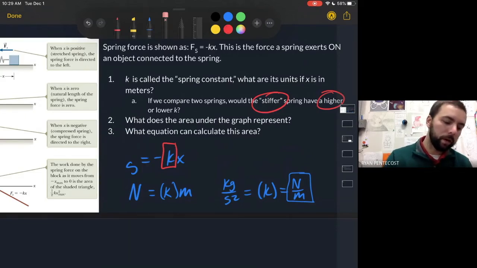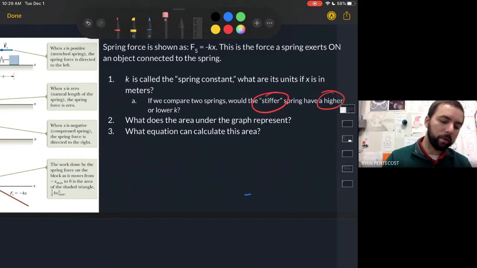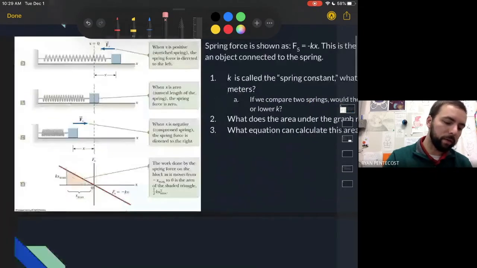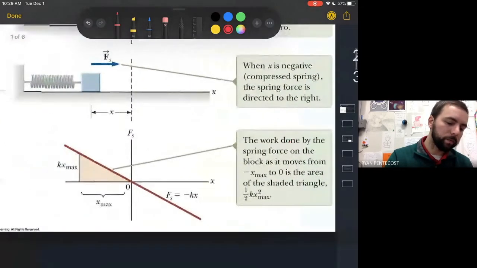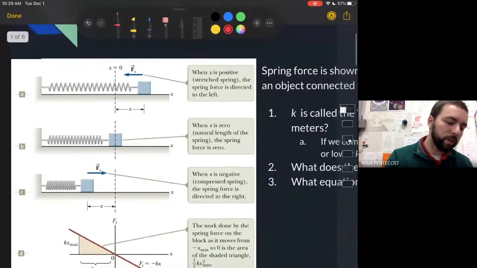Now, let's look over at the graph we have over to the side real quick. Number 2 asks, what does the area under the graph represent? We'll talk about the scenarios up above in a second. So actually, no, let's do these right now.